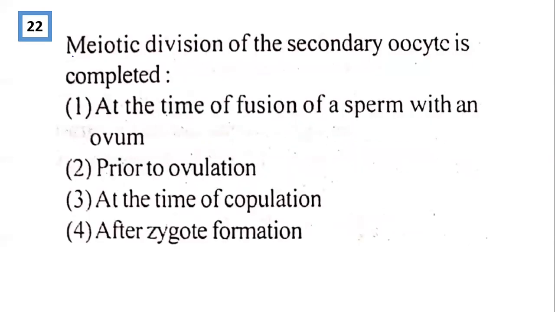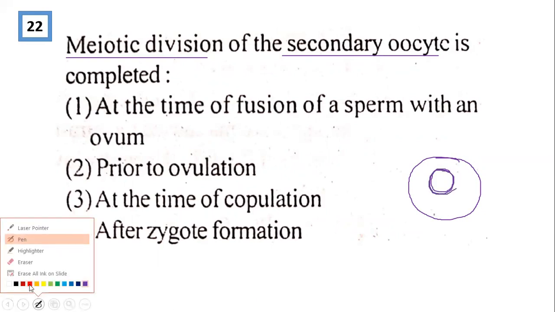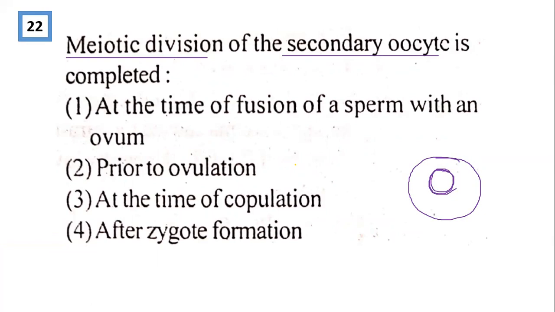Question number 22. Meiotic division of the secondary oocyte is completed. You know that if this is the ovum, this is the egg nucleus. It gets arrested at prophase 1 stage of meiosis 1. So when is it continuing, or when is it completed?